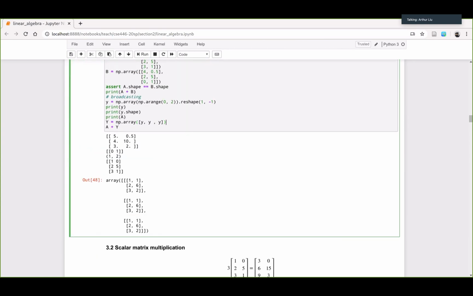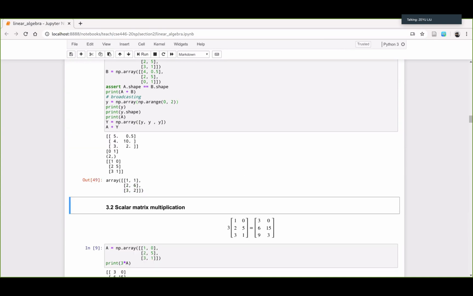Question for that trick. Sure. Does y have to be a 1 by n matrix, or is that like a vector? If we're just trying to add y to every row of a, does y have to be a vector, like 1 by something, or can it be a 2 by 2?